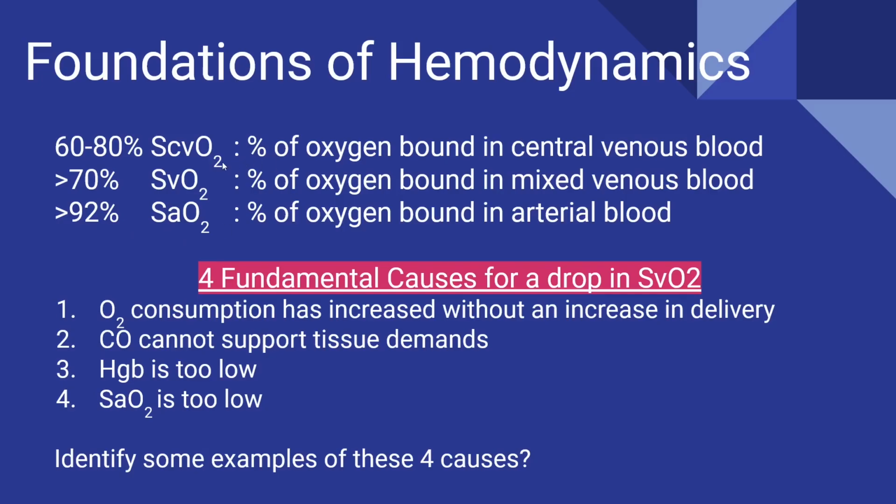So if we take a step back, what should the oxygenation of the blood be very early in the heart? Central venous, right? You think of a CVC, a central venous catheter. That's the blood that is right at the end right before the right atrium.